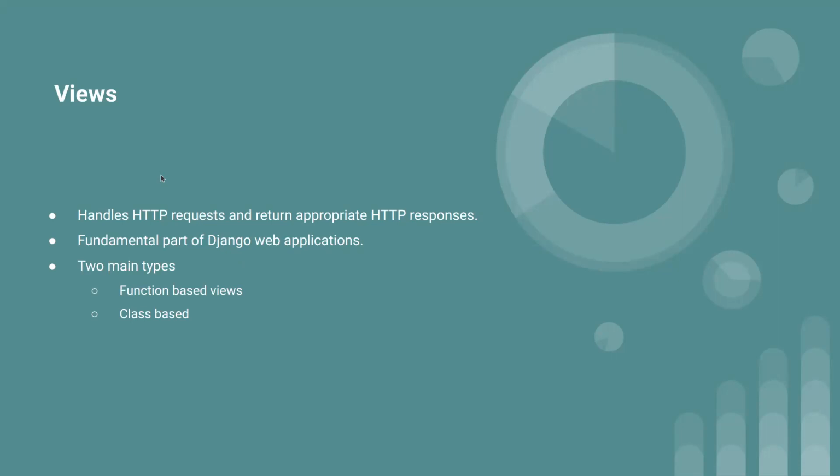In Django, views can be implemented using either class-based views or function-based views. Both types of views offer their own sets of advantages and disadvantages. Choosing the appropriate type of view for our application depends on the specific requirement and development style.